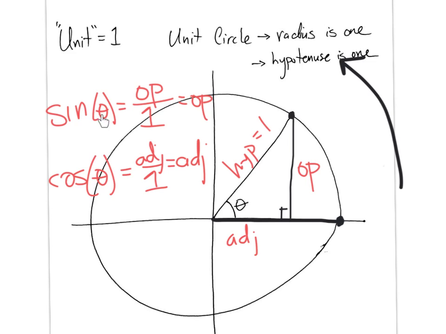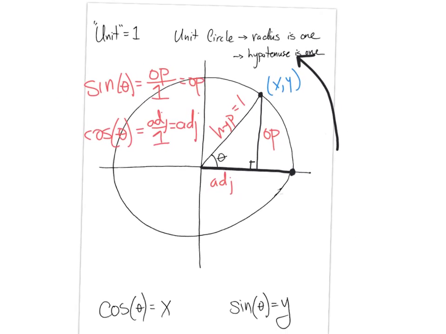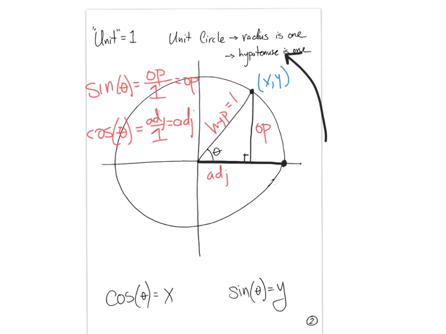And the sine of the angle is the length of the opposite side, which is the y-coordinate of this point. So we can think about x comma y, and the generalization then is that the cosine of the angle will be x, and the sine of the angle will be y.